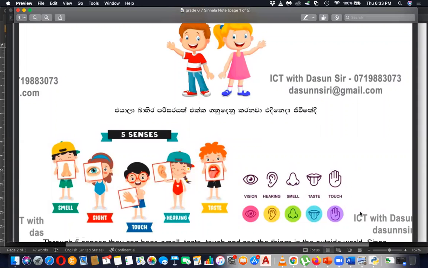For each, they have a device. For vision, the eye; to hear, the ear; to smell, the nose; to taste, the tongue; to touch, the hand. Similar to that, to take things in, we have input components. The eye takes pictures, the ear sounds, smells through the nose, taste through the mouth, and touch or feelings through the hand.